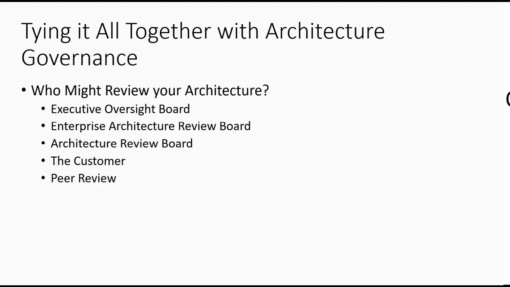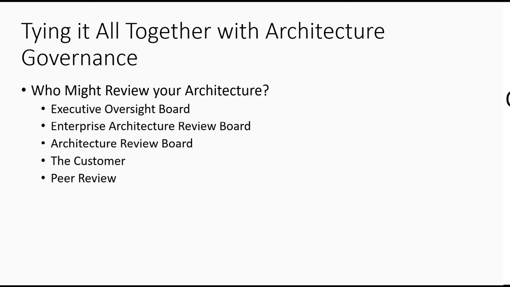You have to tie this all together with some sort of architecture governance in a large organization. If you have multiple parties, multiple contractors perhaps doing multiple architectures, then you might need an executive oversight board to describe to this large effort what you need out of architecture, what the executives want out of their architecture. Then there's the Enterprise Architecture Review Board, which will review either the segments or the domains.